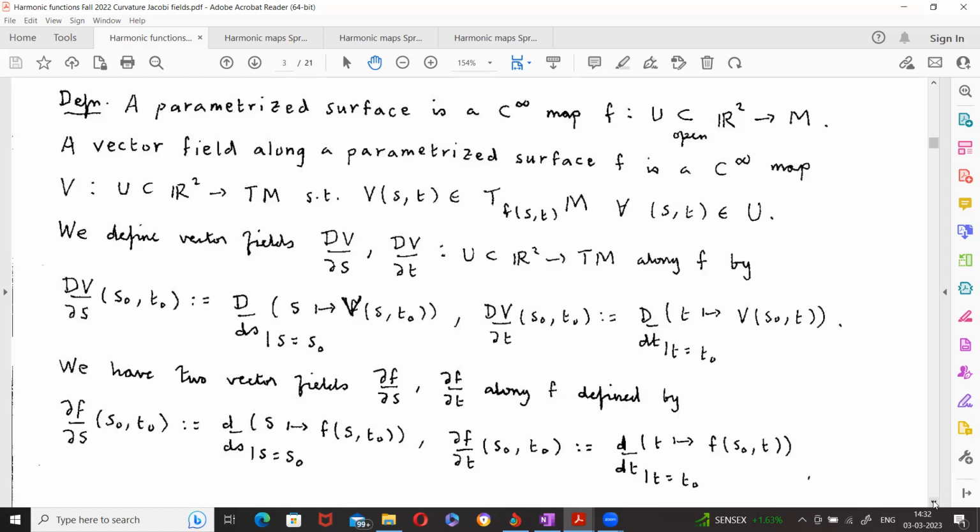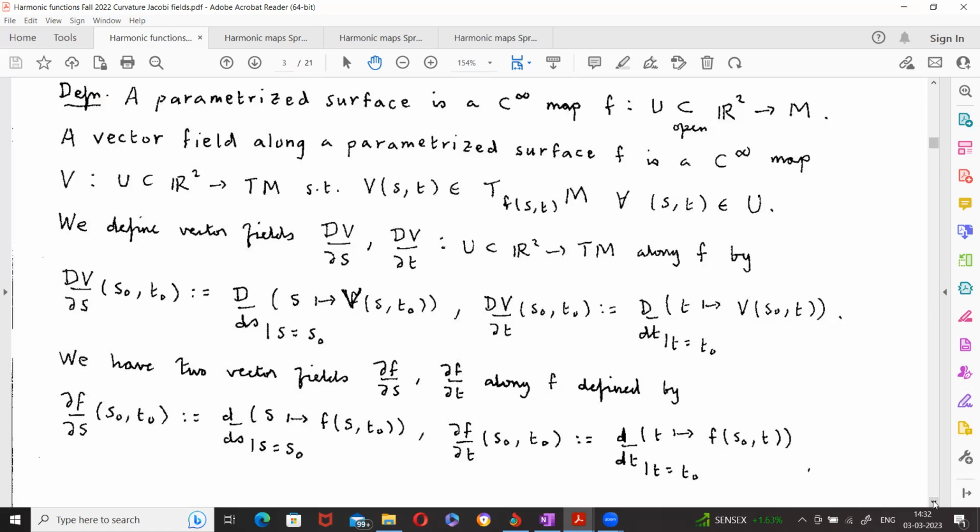Now, given a parametrized surface, we always have two vector fields along the surface, ∂F/∂s and ∂F/∂t. What is ∂F/∂s? You fix t equal to t0, and then look at the curve s goes to F of (s, t0). This is a curve in the manifold, and you take its tangent vector, d/ds at s equal to s0 of this curve.